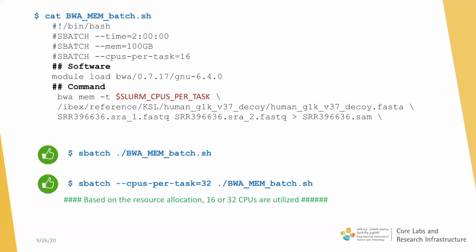This environment variable captures how many CPUs I'm requesting from the resource allocation. Accordingly, the number of threads will be selected on the fly. For example, when I request 32 CPUs from Slurm, the number of threads is automatically set to 32. If my CPUs are selected as 16, then 16 threads are automatically passed to the application. So based on the resource allocation, the number of threads is automatically selected on the fly. This is another option to improve your productivity.